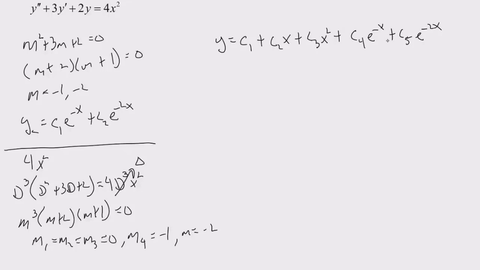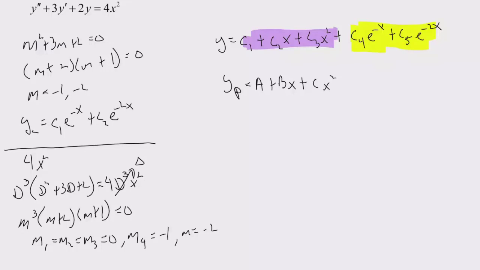And again, these two pieces right here come from our complementary form, so we're going to look at this piece. So our particular form, just to make it easier to solve things in a second, instead of calling them C1, C2, C3, I'm just calling them A, B, C. It's going to look like A plus Bx plus Cx squared.